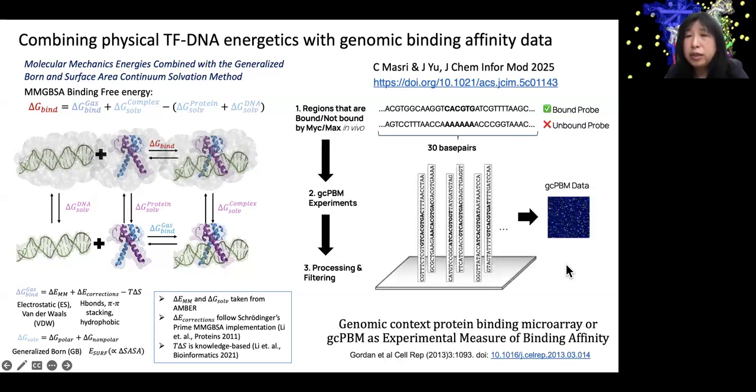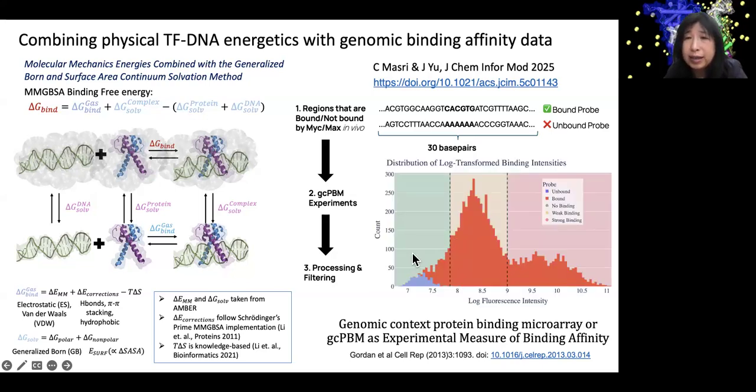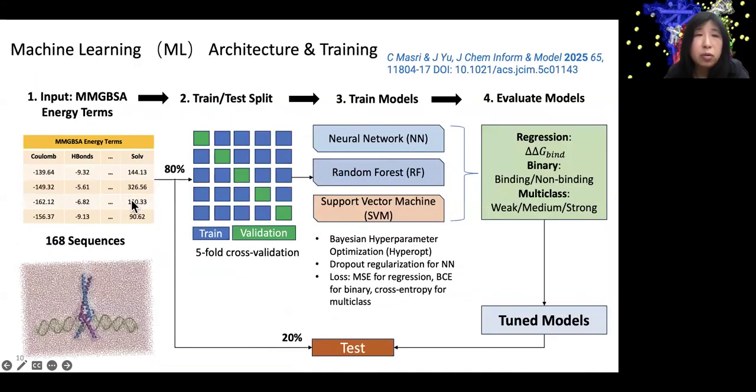The data we chose is genomic context protein binding microarray data. It has core sequences and flanking sequences, and with that we can construct a balanced data set of hundreds of DNA sequences, with non-bound, weakly bound, and strongly bound cases. The protocol works like this.